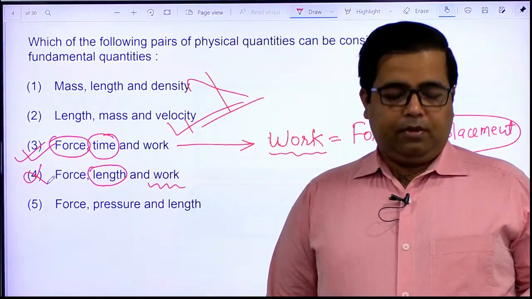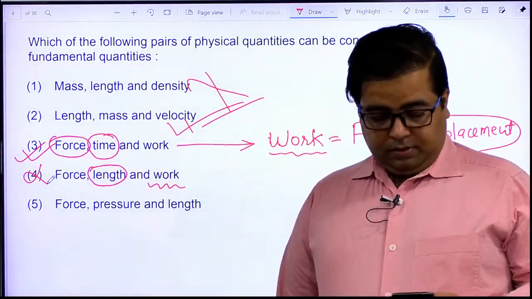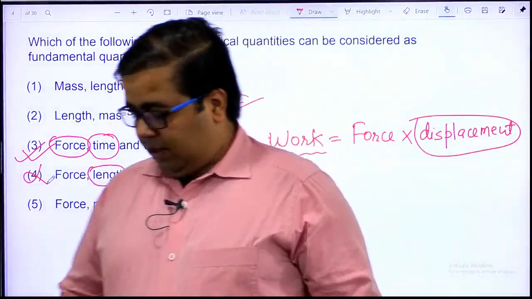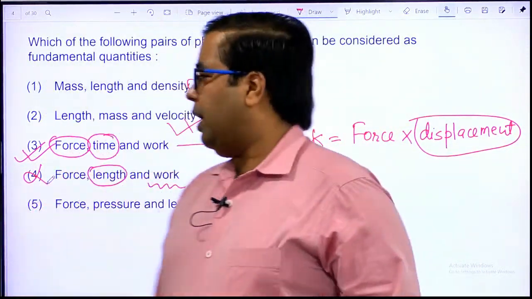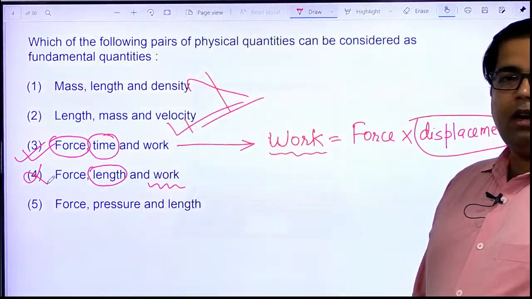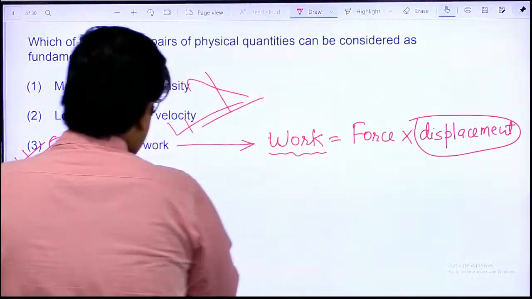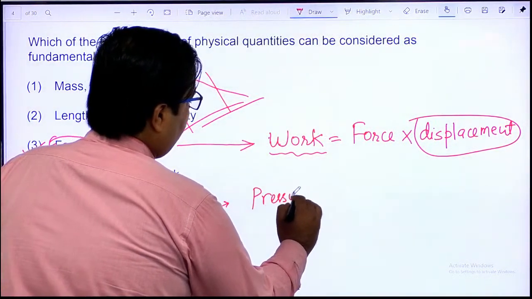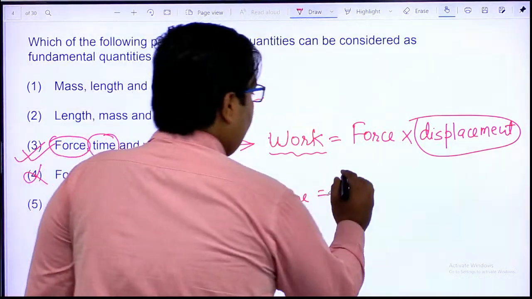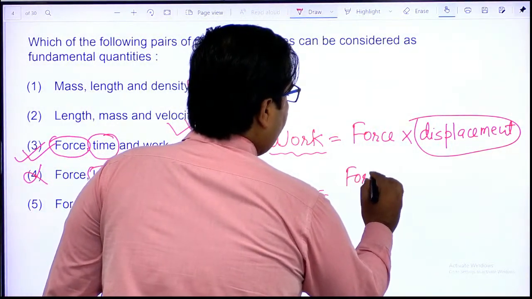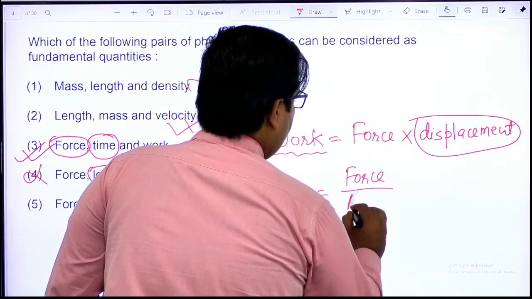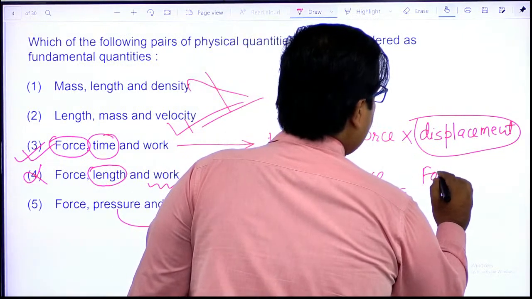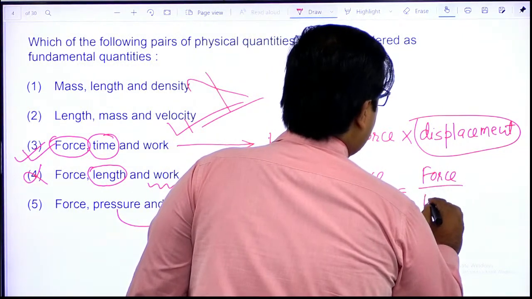What about the fifth one? Okay, yes, this is the correct answer. We cannot take force, pressure and length as fundamental because, just see, this pressure can be written as force divided by area, and area is length square.